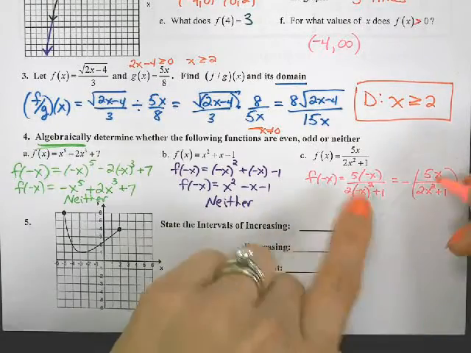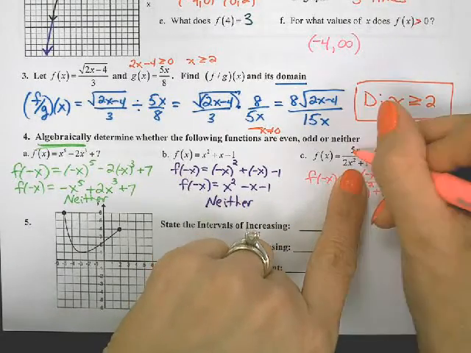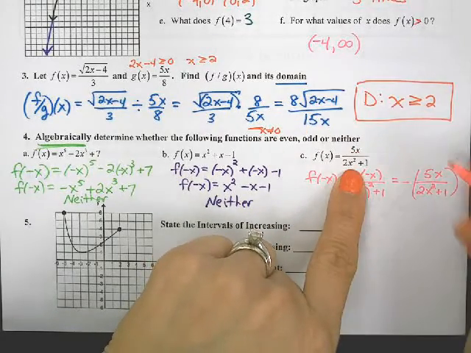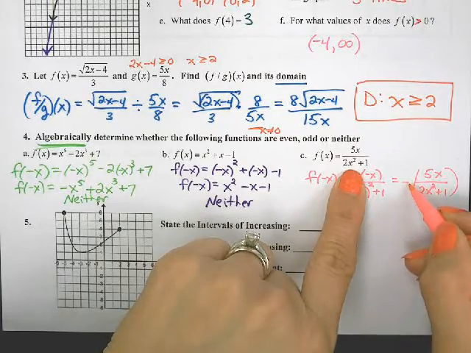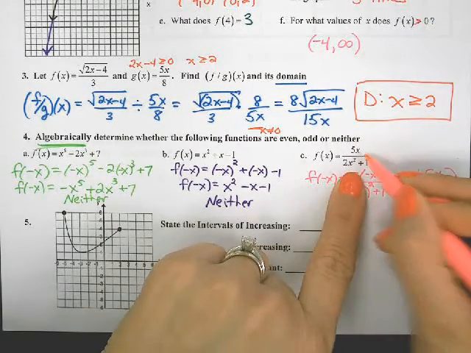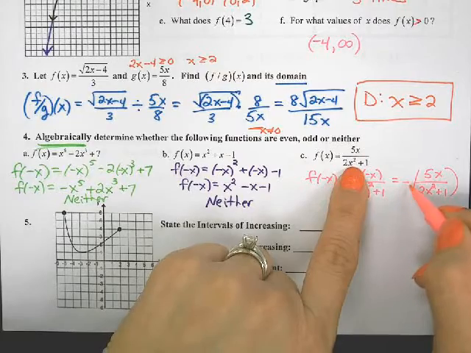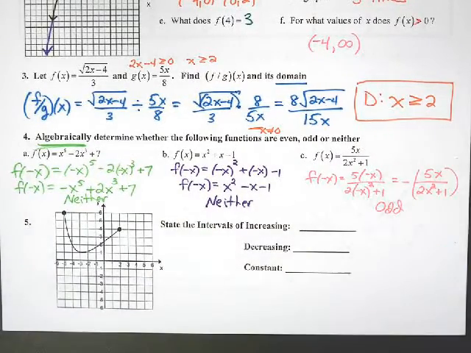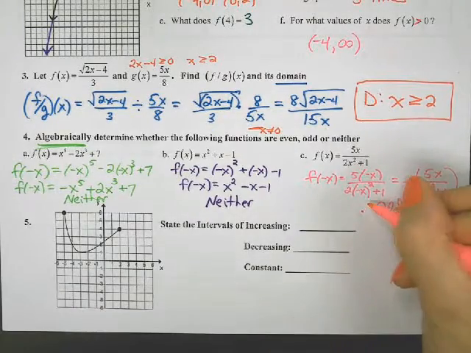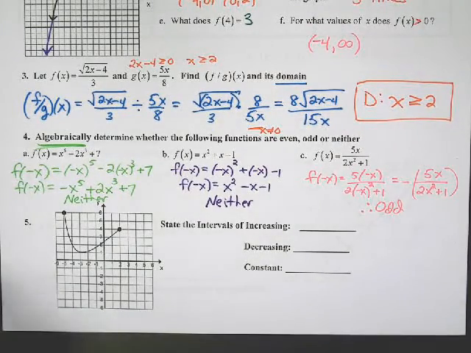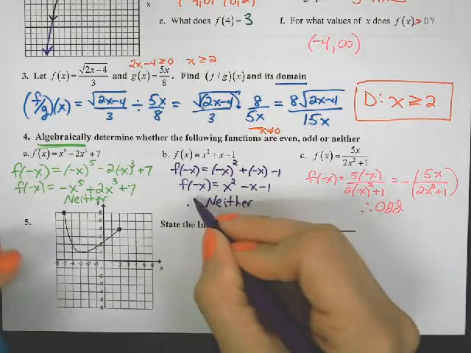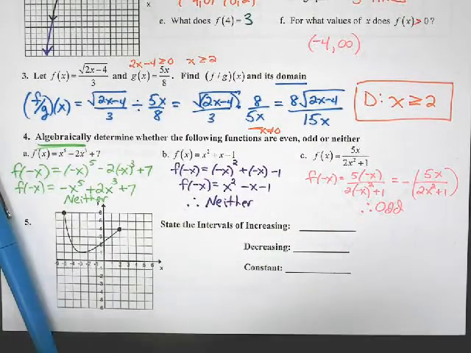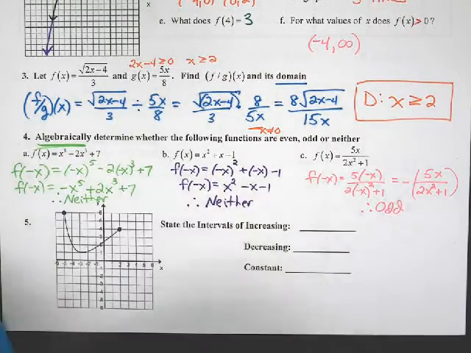So here's a fraction, but I noticed that this fraction is the same as the original problem, except this fraction is negative. This fraction and this fraction are opposites. So since they're opposites, this one is odd. Therefore, odd. Oh, let's just be fancy and use the symbol for therefore, neither. Based on my calculations, it is therefore neither.